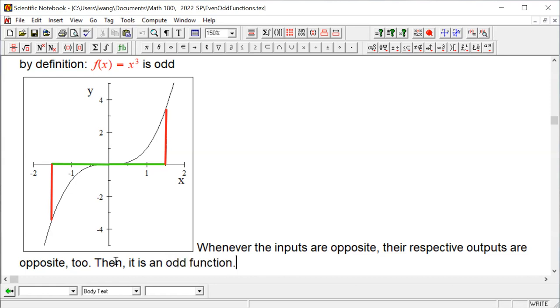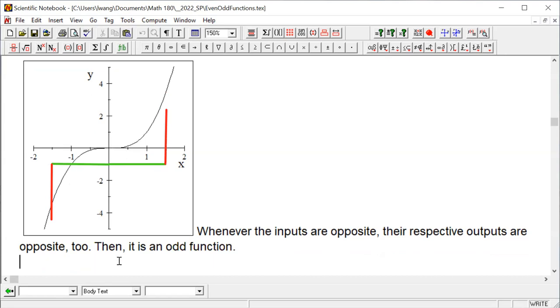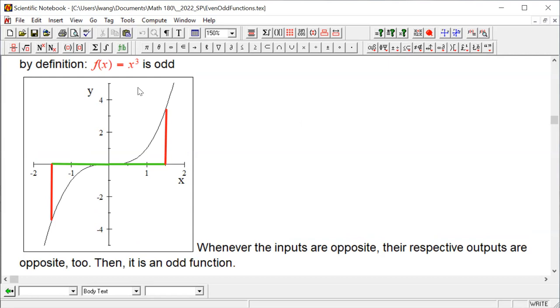Okay, so this is the feature of an odd function. Odd function has such a feature.